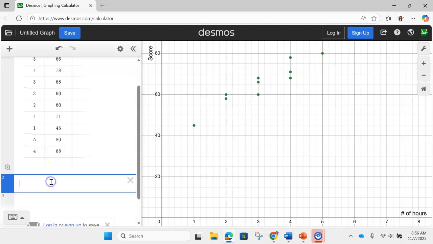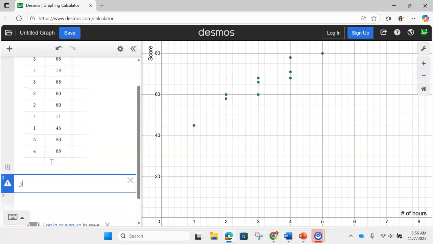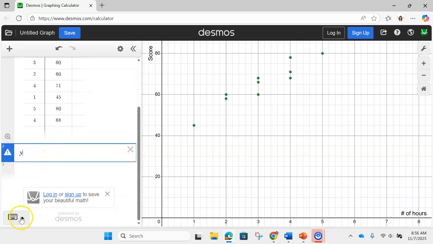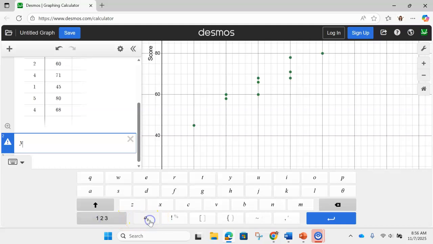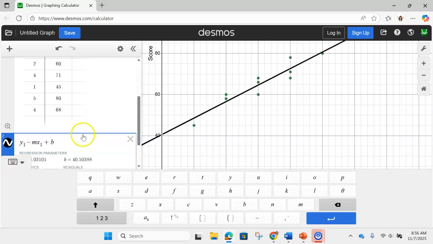Okay, to get my line of best fit, I can type in y, and then if you look up here, it says y sub 1. So I can then say, okay, I want to do y sub 1, and then I'm going to say approximately mx sub 1, and then I can put plus b.